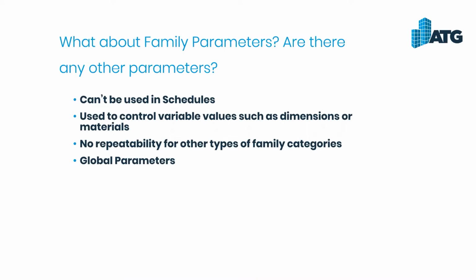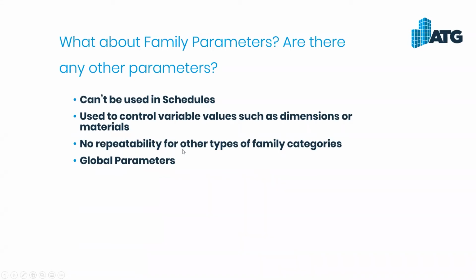Oftentimes, if you're creating a lot of the same type of content, there may be specific material components on the items that you're creating for families. So you may want to develop more sophisticated material parameters for shared parameters instead of just simply material for that particular family.